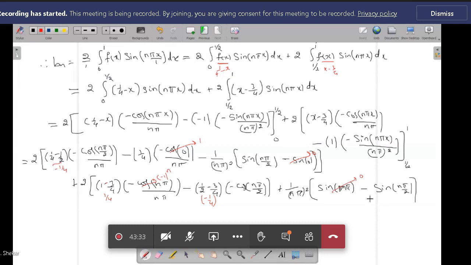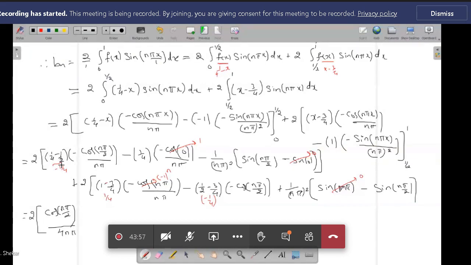Okay, so with this, what do we get? I can write 2 into, so 2 I can take common, so this is minus 1 by 4, minus 1 by 4 into minus, so we have plus cos n pi by 2 whole divided by 4 n pi.